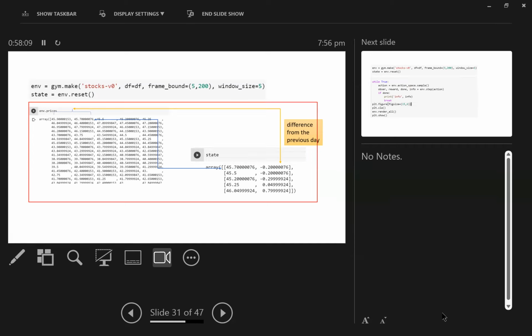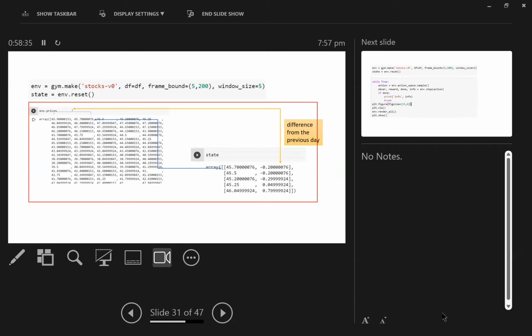So this is the first day of the window, the second day of the window, and this is the difference between this day and the previous day, which is also dropping. Then the third day, fourth day, and fifth day. So totally a window of 5 days, and this is the stock price change on the consecutive days.